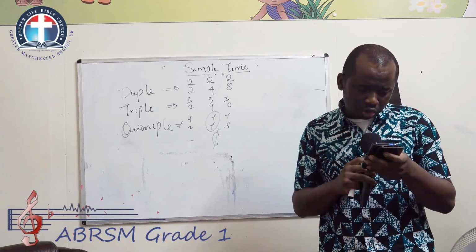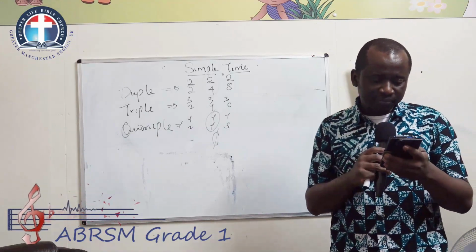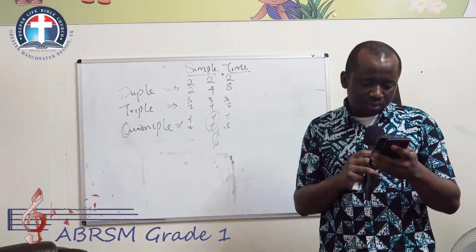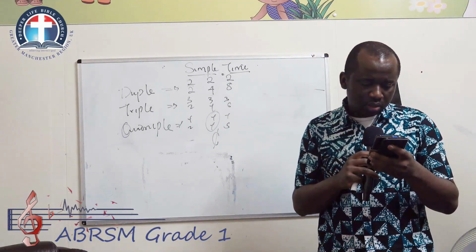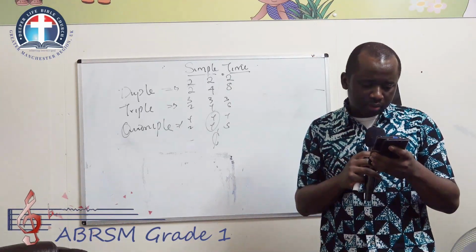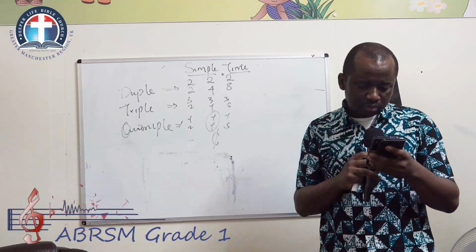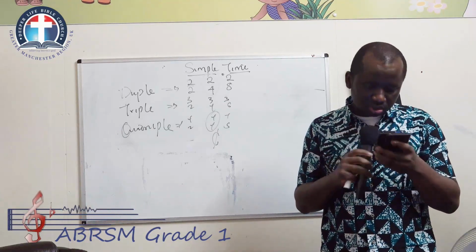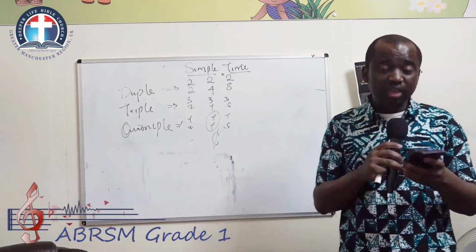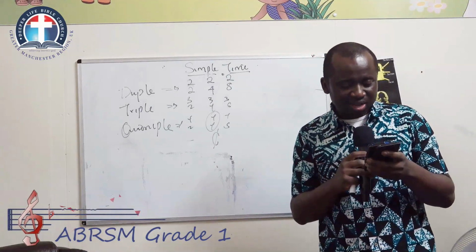Okay, now if you go to 1.5, look at it there. For 1.5, they give you a time signature, and then they ask you whether those rests they put there are correct or not correct.